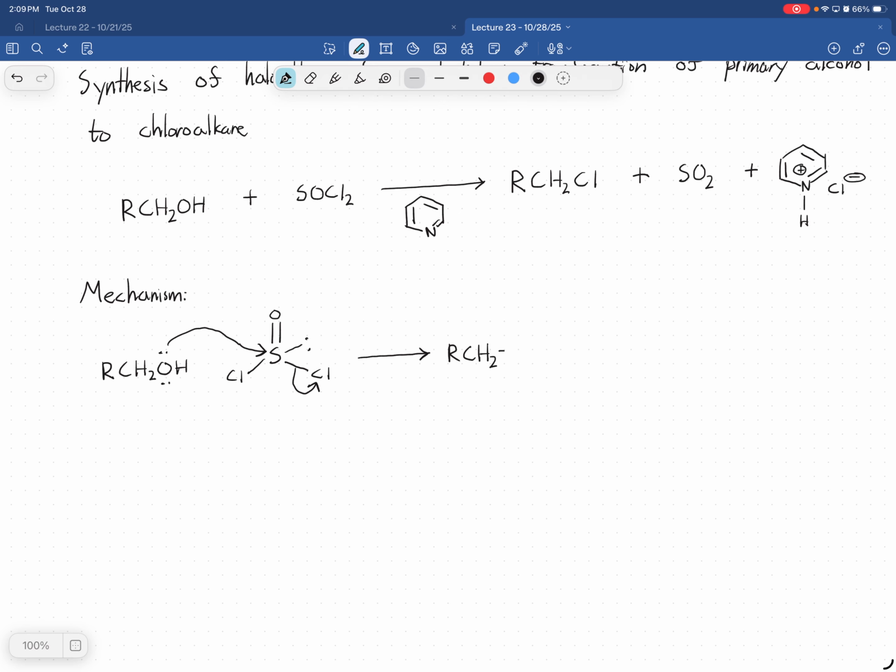So now it looks like this. So let's draw out the alcohol. The O bond. We have an H bond here. It's positively charged now. So we now get this intermediate right here.